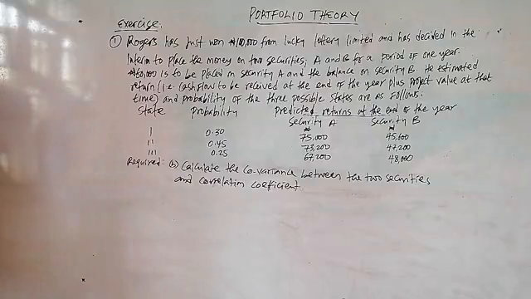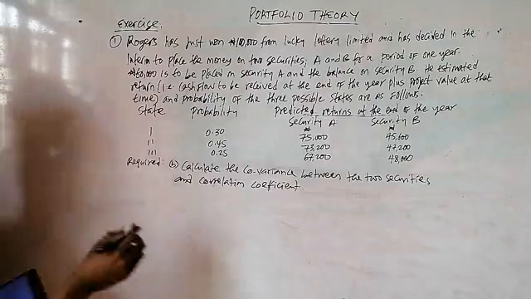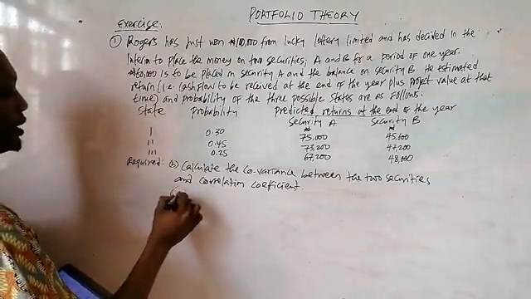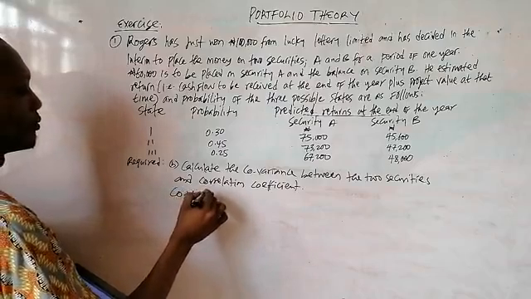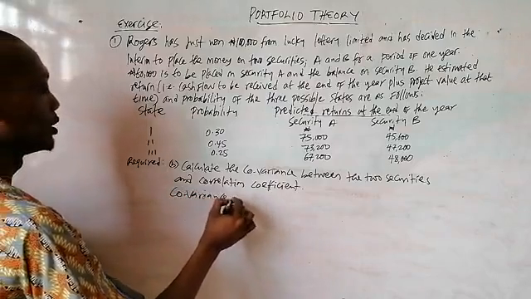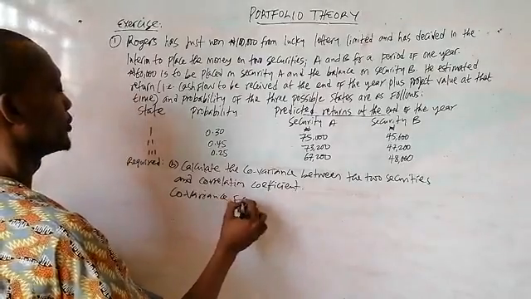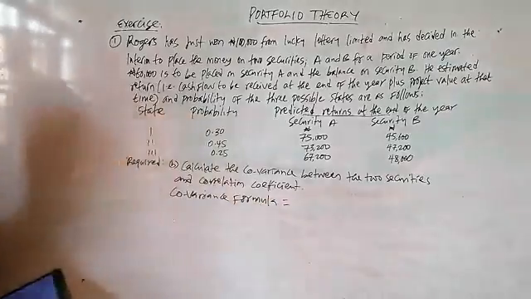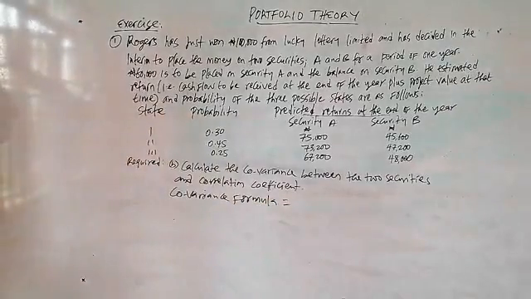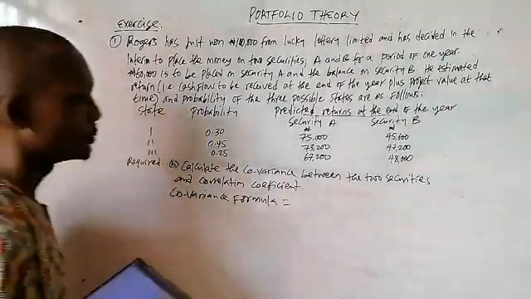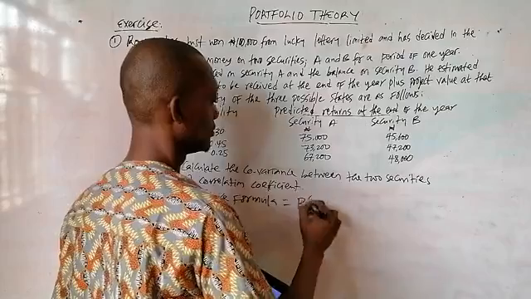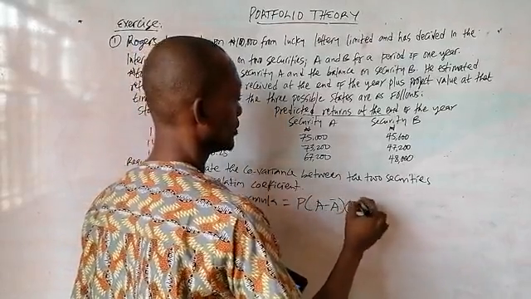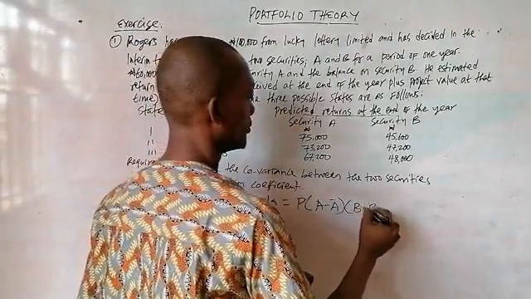Now, covariance. Remember the formula I gave for covariance? I gave the formula for covariance as the sum of P times (A minus A bar) times (B minus B bar).